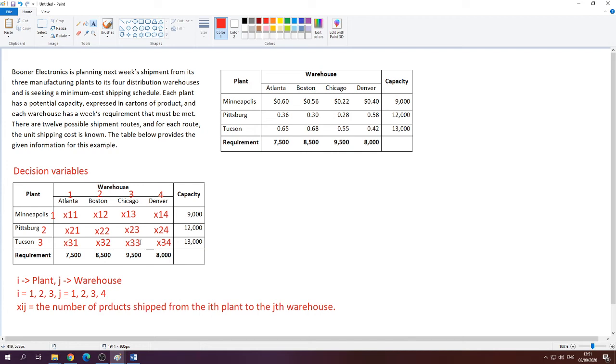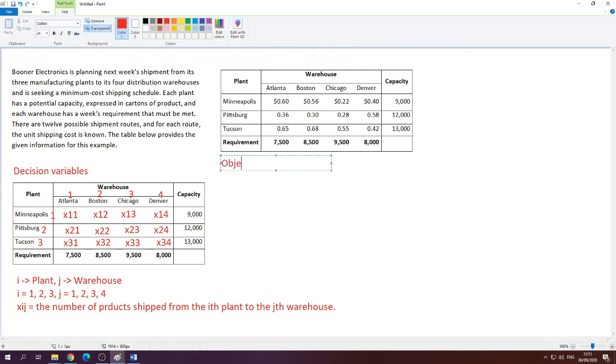This x34 means the number of products that we're gonna ship from plant number 3, which is the plant in Tucson, to warehouse number 4, which is the warehouse in Denver. Okay, those are the decision variables. Now the objective function, I'm just gonna put it over here. Objective function.